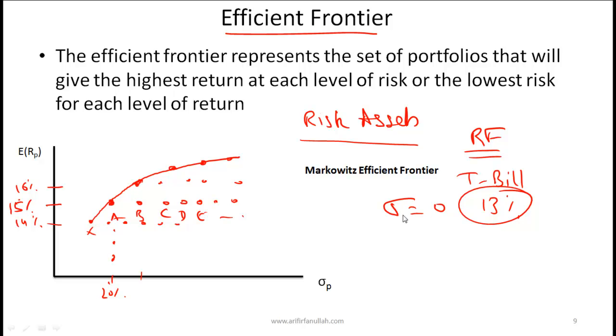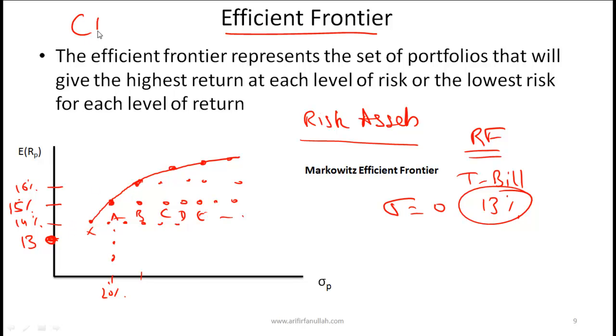That is 0, because if you invest in a T-bill, you know you are going to get 13%. On my expected return versus risk graph, this will be about this point over here, return of 13% and riskiness of 0.